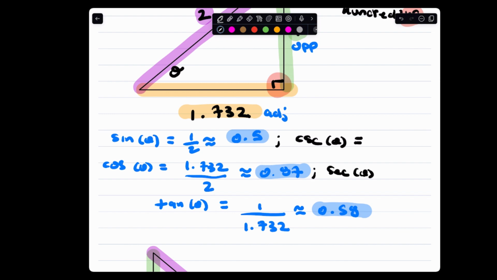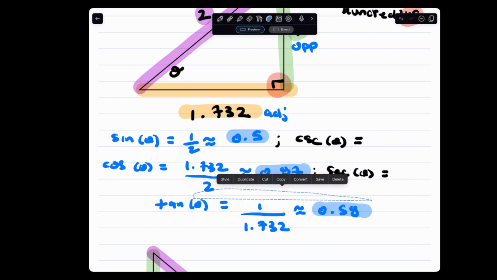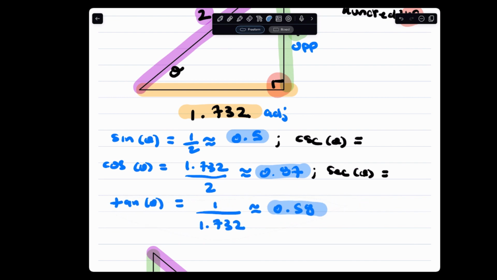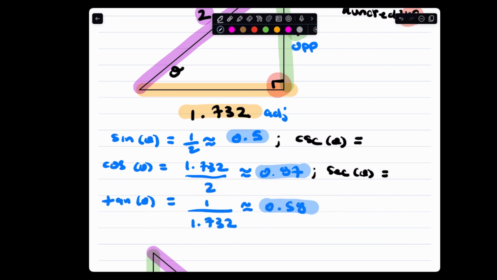Secant. You guys okay with that? And then what's the reciprocal of tangent? You're going to remember those as well. This is going to be cotangent. Now, I know this will be 2 over 1, which is 2. Is that okay?